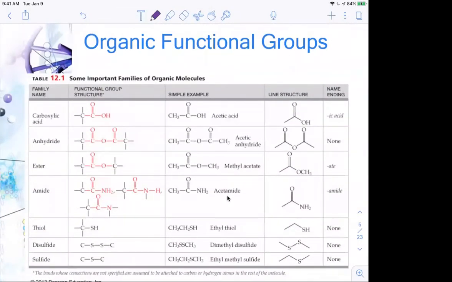This is a carboxylic acid. It's also written as CO2H, as COOH.